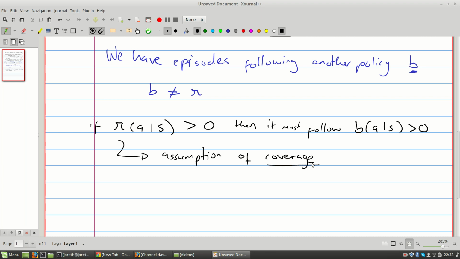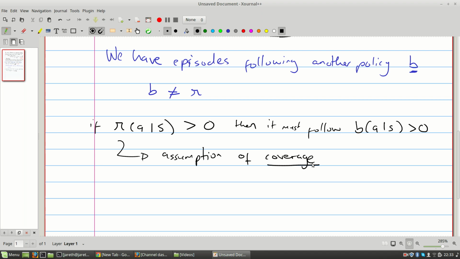Because we are trying to use episodes that are generated by B to estimate values for policy pi. And of course, to be able to do that, we need to make sure that all trajectories under pi, we should be able to generate them as well under B, right?